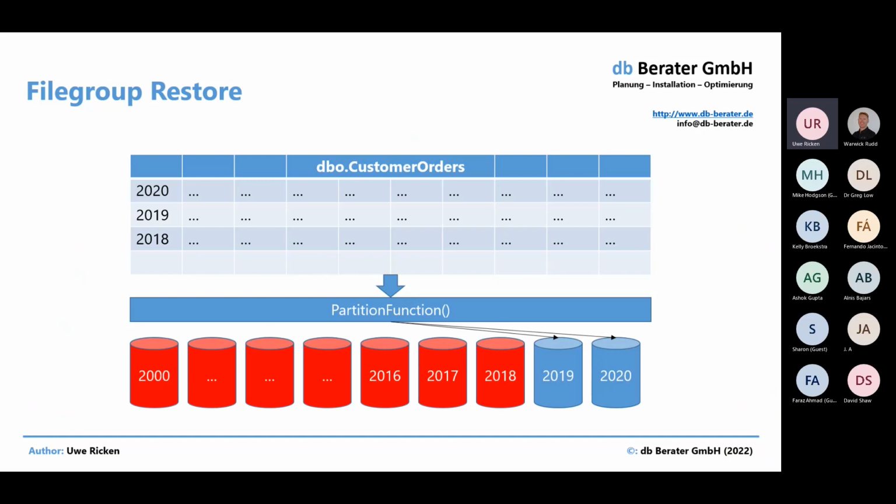As a DBA, I strongly recommend you use partitioning for improving your maintenance windows, for indexes and for statistics. And as a perfect side effect, if you're using partitioning and you mark filegroups as read-only, then you have the chance to restore the hot data in a very small amount of time instead of restoring the full database.